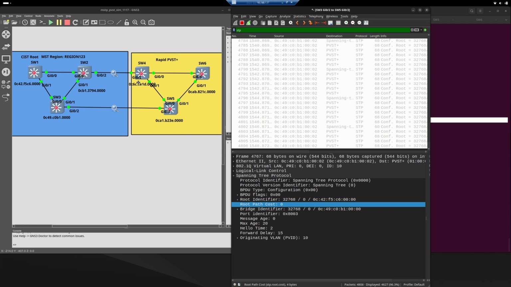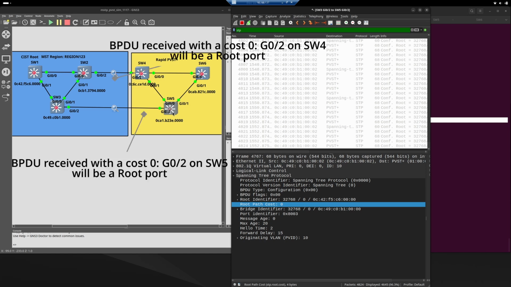So both switch 4 and switch 5 are going to choose their G0/2 interface as their root port, if I am not mistaken, because both are receiving a BPDU with a cost of 0 from the MST region.